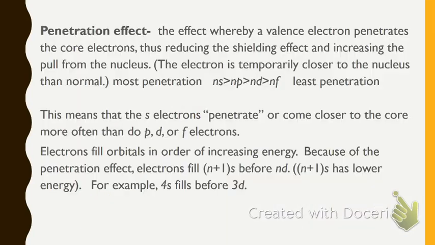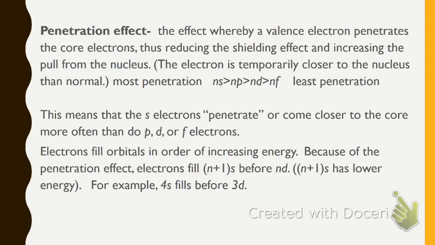The penetration effect is where your electrons can get closer to the nucleus in some levels than others, so the electron is temporarily closer than it would normally be. Of course, the S levels, because they're smaller, are going to have a higher penetration than the big, giant F ones. And so the orbitals, because of this, will fill in order of increasing energy.